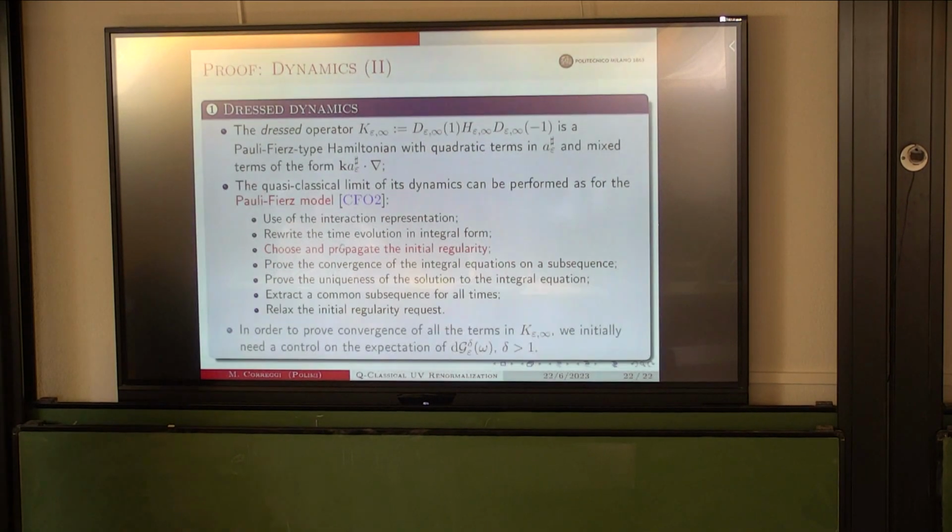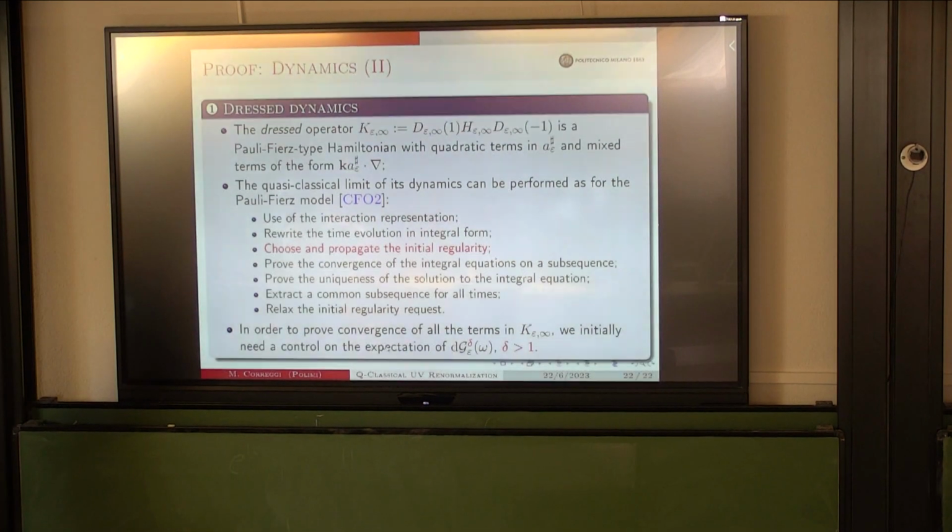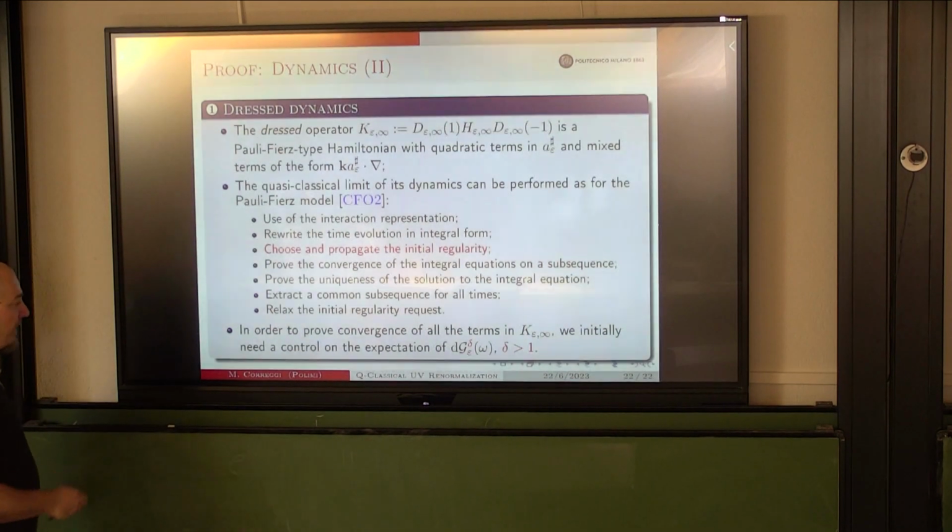And the initial regularity, at least in the first step of the proof, has to be a uniform control on the expectation of the number operator, or the second quantization of omega, so the energy of the field, to a power strictly larger than 1. You need it to control the singular terms appearing in the dressed Hamiltonian.